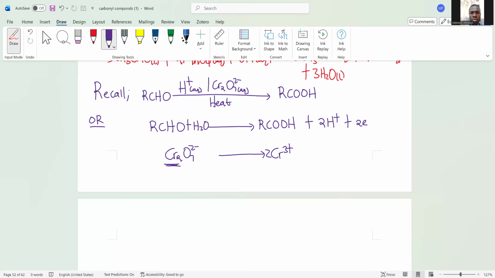Then I look at oxygen. There are 7 oxygens on the left. So this side I add 7H2O. 7H2O creates 14 hydrogens, which I must also add this side.